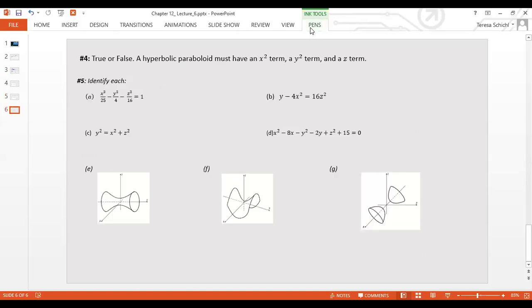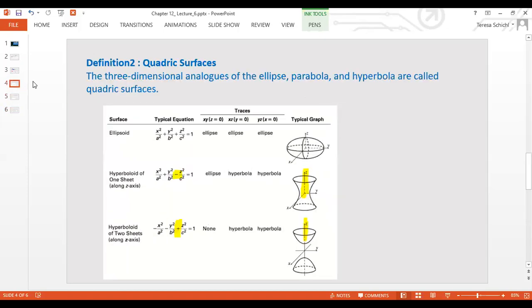Okay, so let's take a look at these ones here. This is x squared minus y squared minus z squared equal to 1. So you go back to search for which one has two negatives and one positive. Which one do you have? Oh, here I have two negatives and a positive, right?